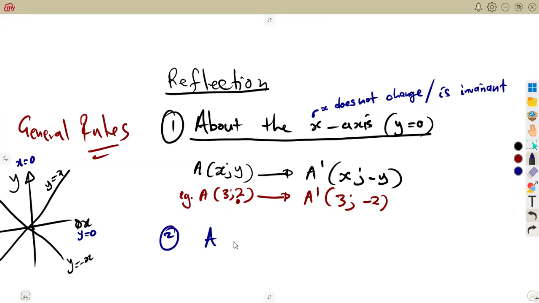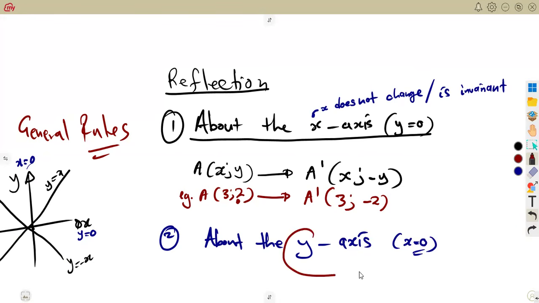It can be about the y-axis. Remember, in the y-axis, it is x which is equal to 0. So they can say about the line x is equal to 0. Y-axis, just like what we had. This time we are working with that y-axis, so it means the y value is not affected.